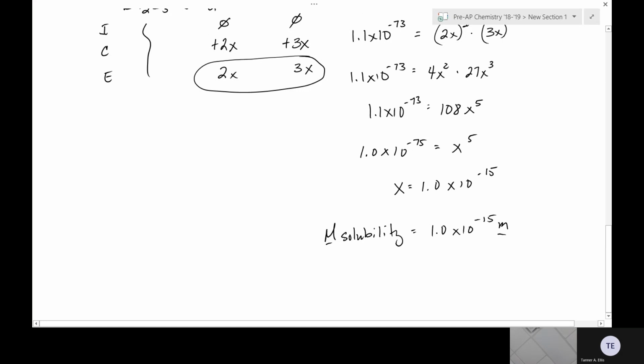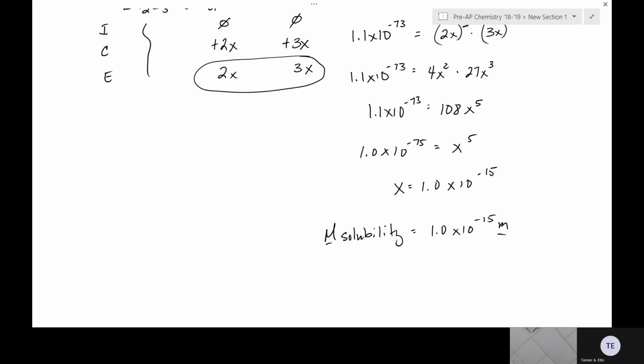Put a unit on it. Two things. We're not searching for x. We're searching for the molar solubility, which just happens to be the same number as x. Everybody got me there? Okay, so label it and put a unit on it. All right? Everybody with me so far?